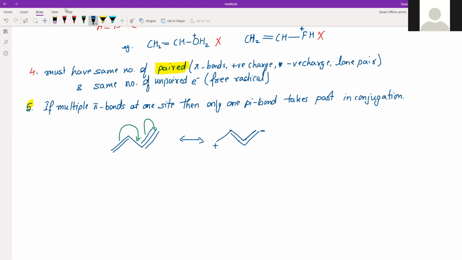So only one pi bond is used, that is two electrons in one pi bond, only they are used for delocalization, and this delocalization is also called conjugation.